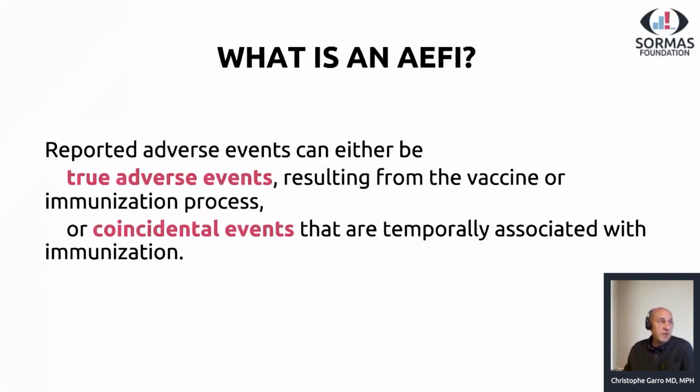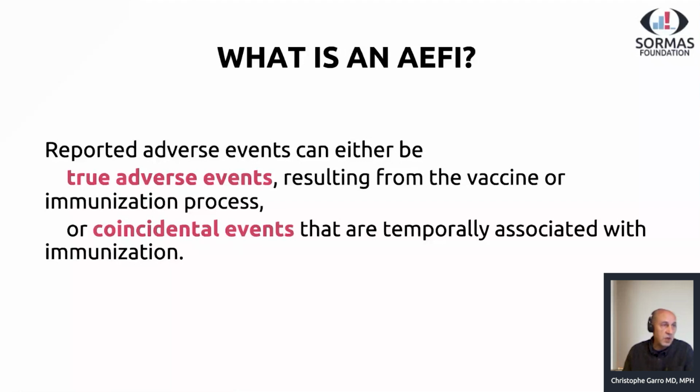So this event, I told you, does not have to be related from a causal relationship at the very beginning. It can be a true adverse event that is coming from the vaccine or the process, or it can be a coincidence.